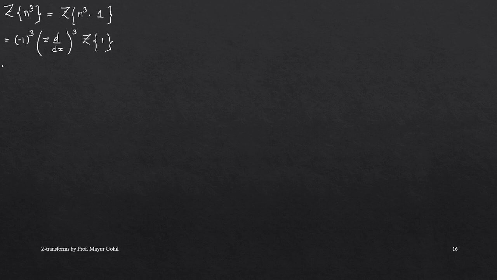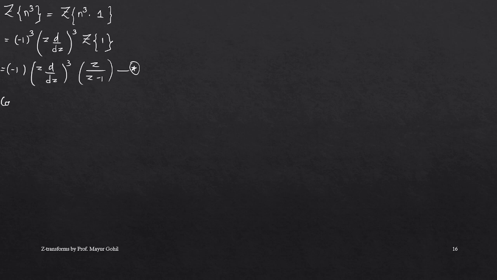Now we have minus of 1 z d by dz the whole cube operating over z over z minus 1. Now comes the difficulty, how to handle the z d by dz the whole cube. So we put one star over here and then we come back to this step.